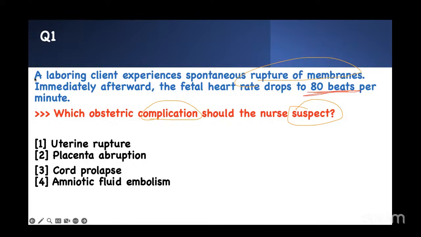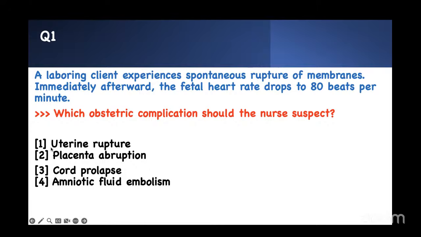These are buzzwords. When you see them, when you hear them, it should give you a clue. Rupture of membranes, and all of a sudden the heart rate drops to 80 beats per minute. Then they're asking you what complication is responsible for that.